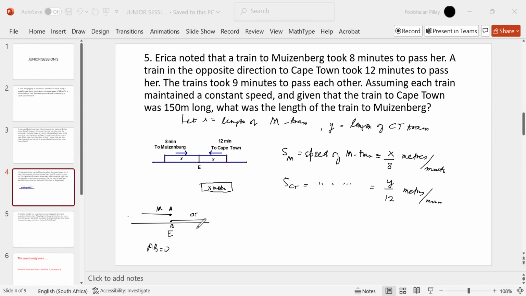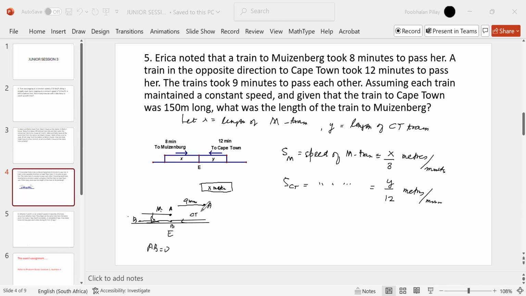But then what happens is, after 9 minutes, A is here now, the front of this, and this is 9 minutes, while B is there, because this train is going this direction. But it also takes 9 minutes.